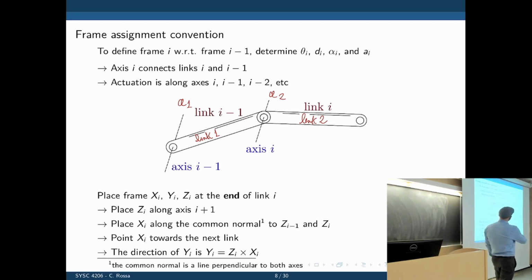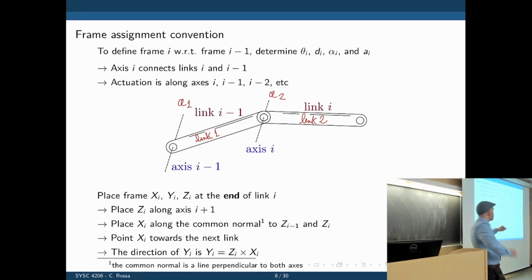Now we need to properly position the frames. Where would be a good point to place these frames? What's the objective again? The objective is to determine the position of certain parts of the robot in space. So where would be a good point? On the joint or at the end of every link, because that's eventually what you want to know.